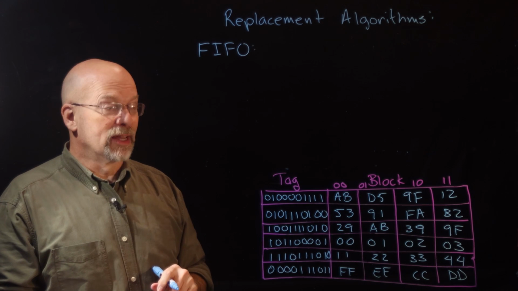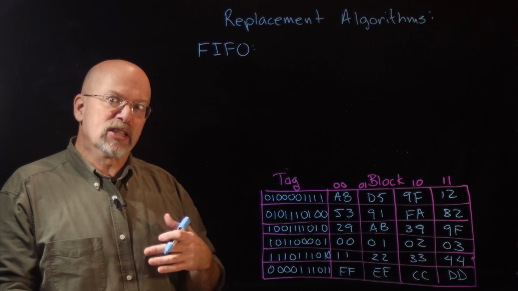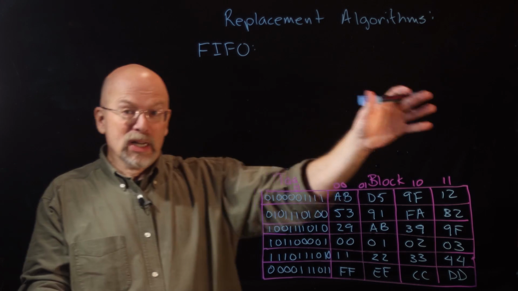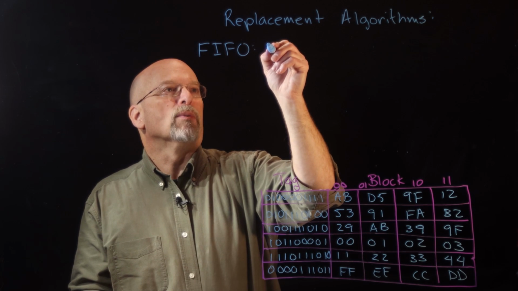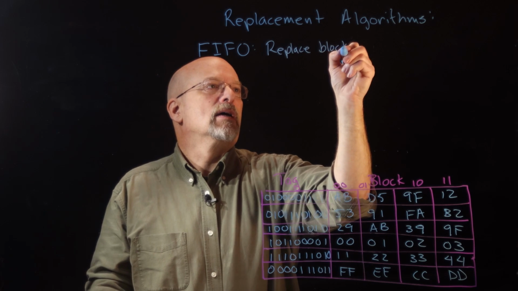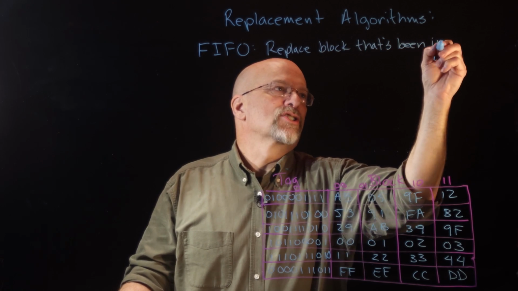You've probably heard of this. A lot of buffers use this method in that the thing that's been in the longest, that's the first thing you take out. And that's really how this cache algorithm works. And so we replace the block that's been in the cache the longest.